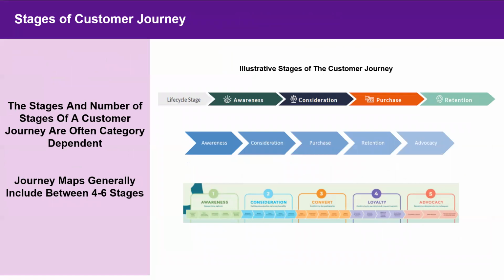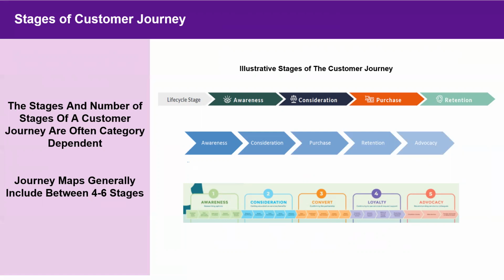In terms of the stages of the journey, I like to think of these maps as art and science. There's absolutely no one way to do it. And the number of stages or the exact stages that you're going to look at as a part of your journey are very much going to depend on whatever product or category you're analyzing. Here we have a couple of different examples. All of them have 5 different stages, if you will.